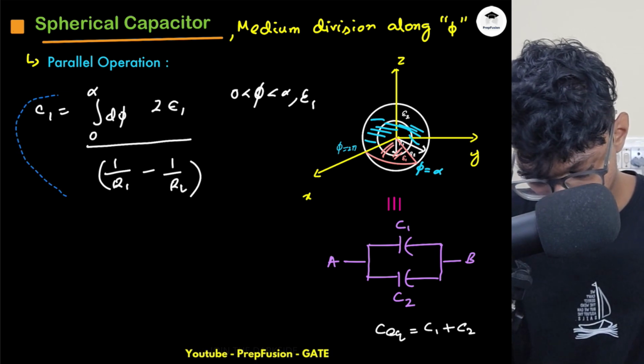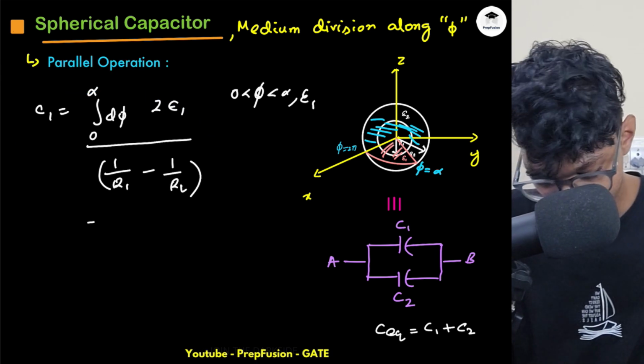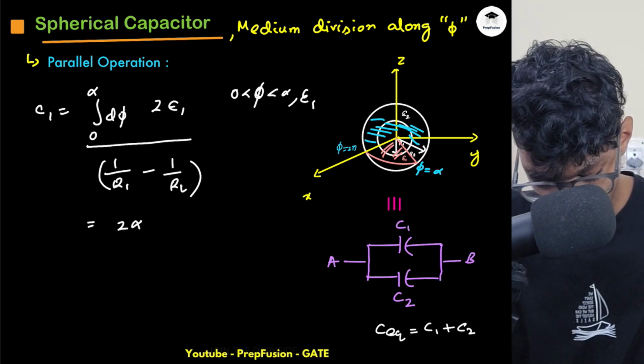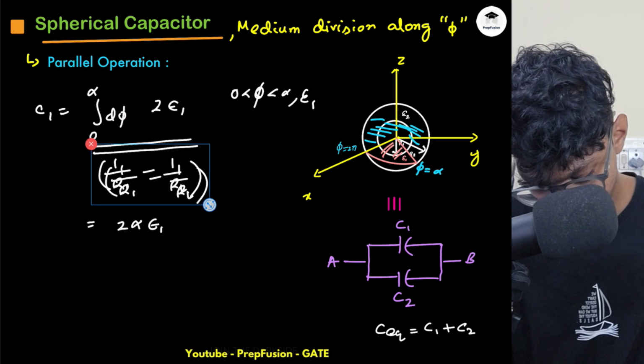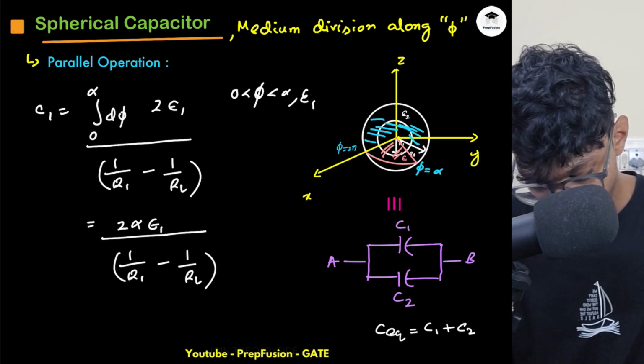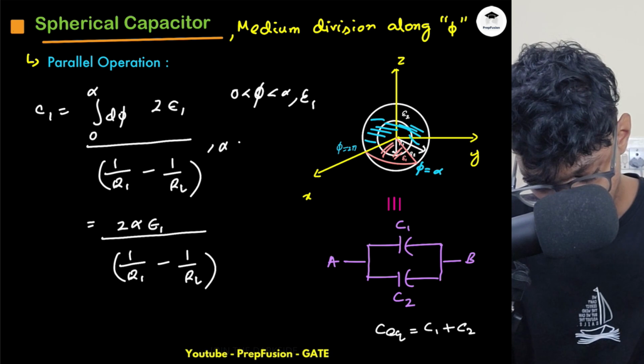I will reduce the size again, and this result will be 2 alpha epsilon 1 divided by the same thing. Just remember alpha is in radians. Don't forget to put alpha in radians.